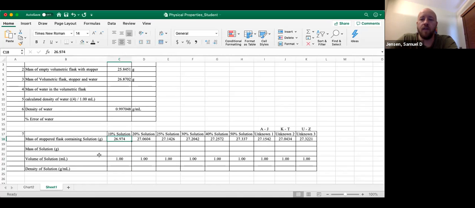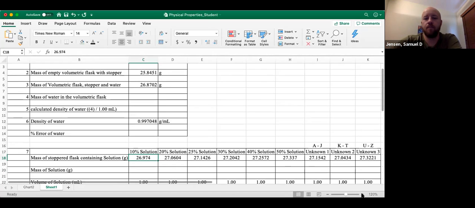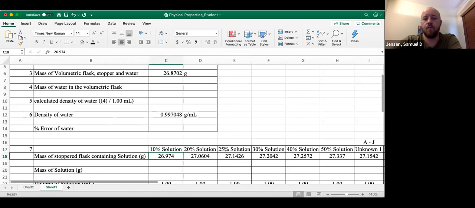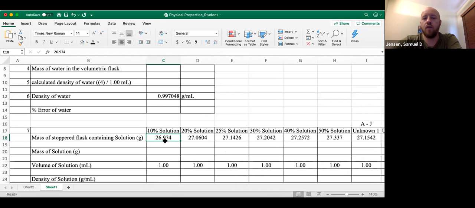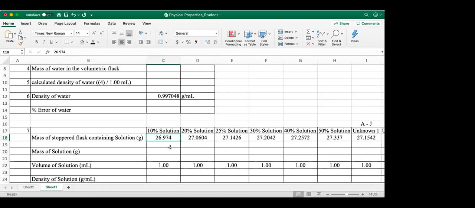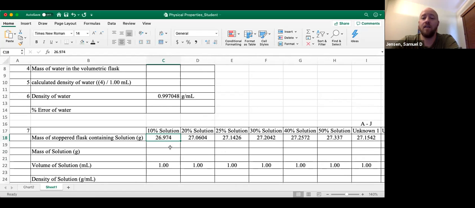However, let's look at the sig figs. We talked about this last night, significant figures. How many significant figures do you see in this number? 26.974. Five, very good. So there are 5 sig figs in this number.